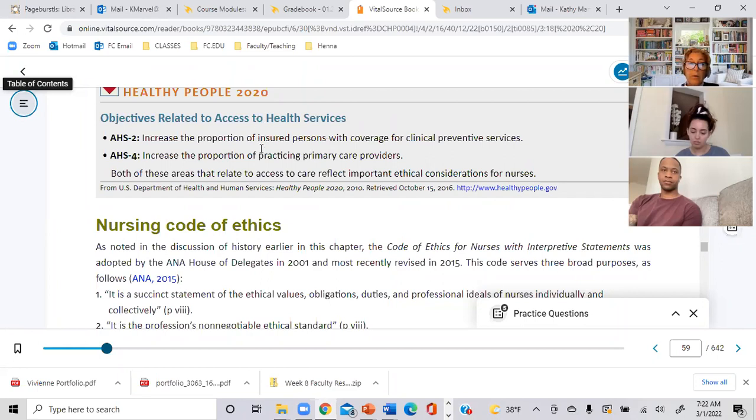If you're asked about objectives related to access to health services, the only correct answers are either one of these. There may be lots of other objectives that we can think about or create that would be applicable to access to healthcare. But if you're asked about Healthy People 2020, these are the only 2 that would apply.